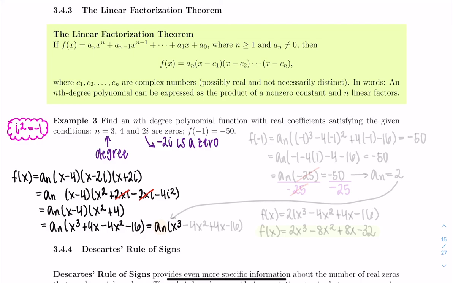So x cubed minus 4x squared plus 4x minus 16. Now we've used almost all of the information that was given. The only thing we haven't used is the fact that f of negative 1 equals negative 50. We're going to use this to figure out what this a sub n should be up front.